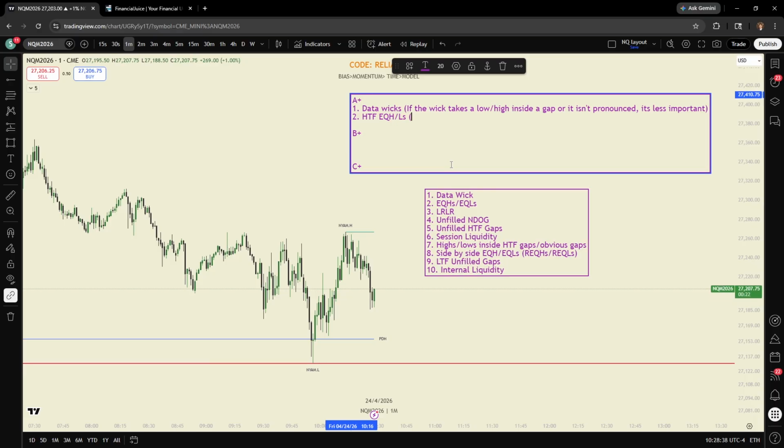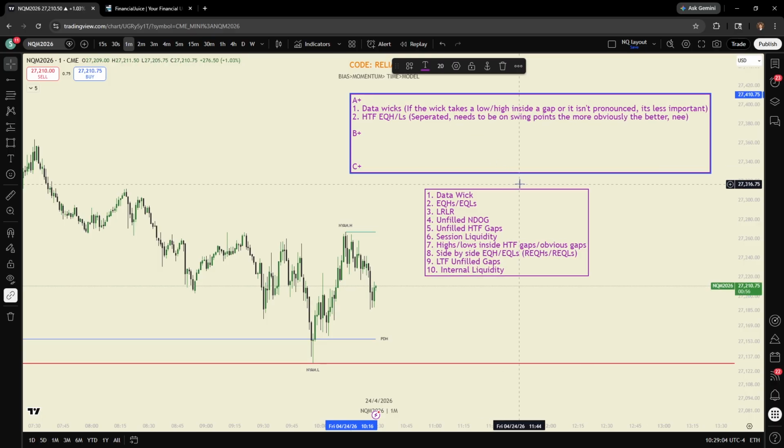But what's important to distinguish here is these are going to be separated. And the more, obviously, the better, right? So you want these equal highs to be on swing points. Needs to be on swing points, right?